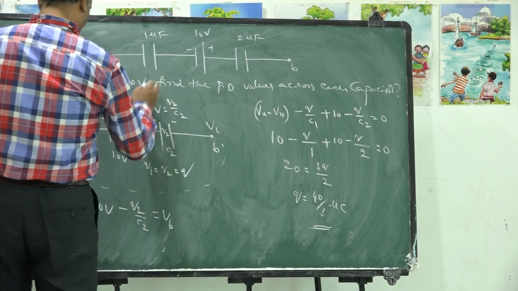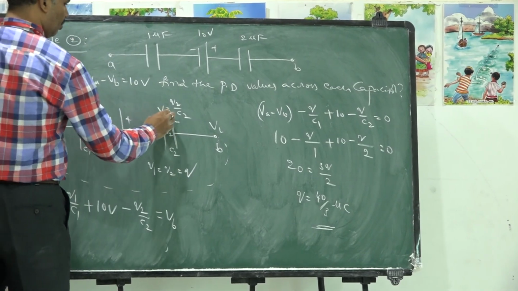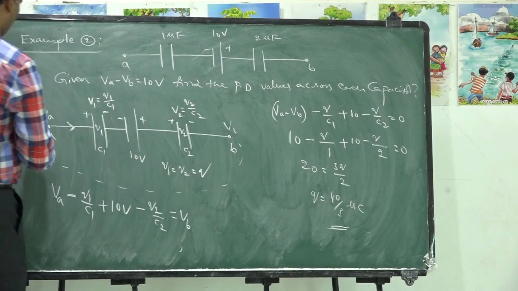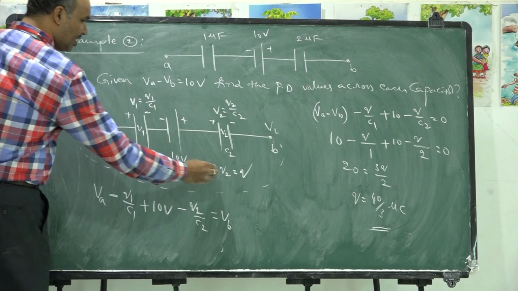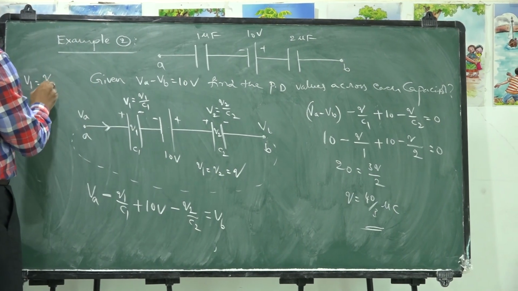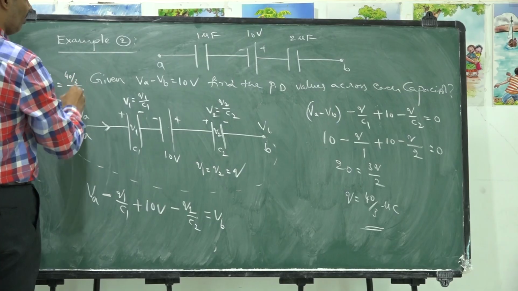We need potential at first capacitor, let it be V1, the potential at second capacitor V2. If you want individually, what is V1? Both the capacitors are possessing same charge. So Q by C1, Q value we calculated as 40 by 3 by C1 is 1.